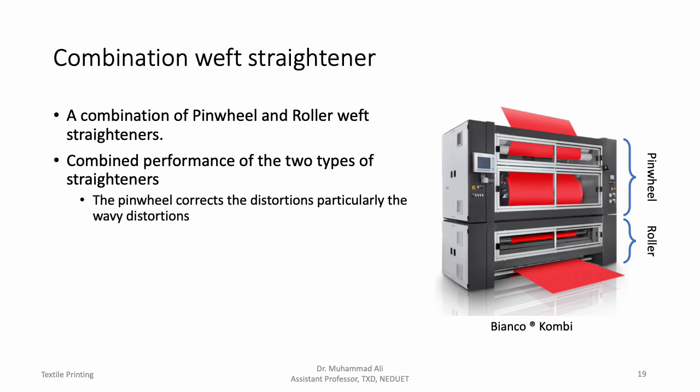Recall that a pinwheel weft straightener is capable of removing wavy distortions, while a roller weft straightener or a cylinder weft straightener cannot remove wavy distortions. So in a combination weft straightener, the pinwheel part removes the wavy distortions and the roller part removes simple bow and skew distortions.